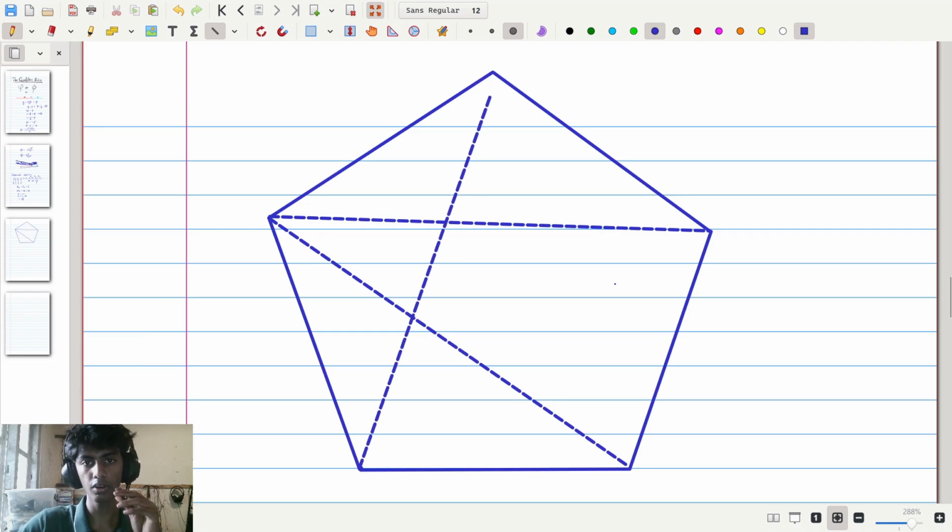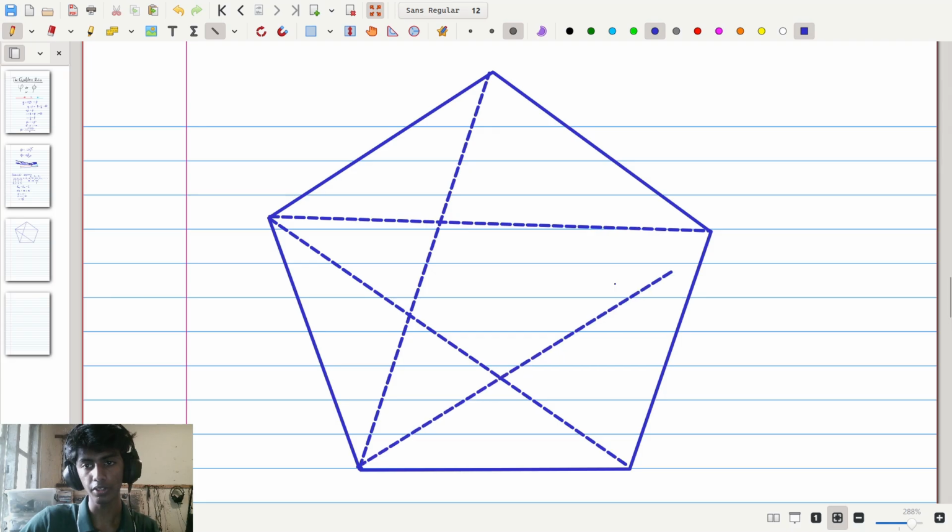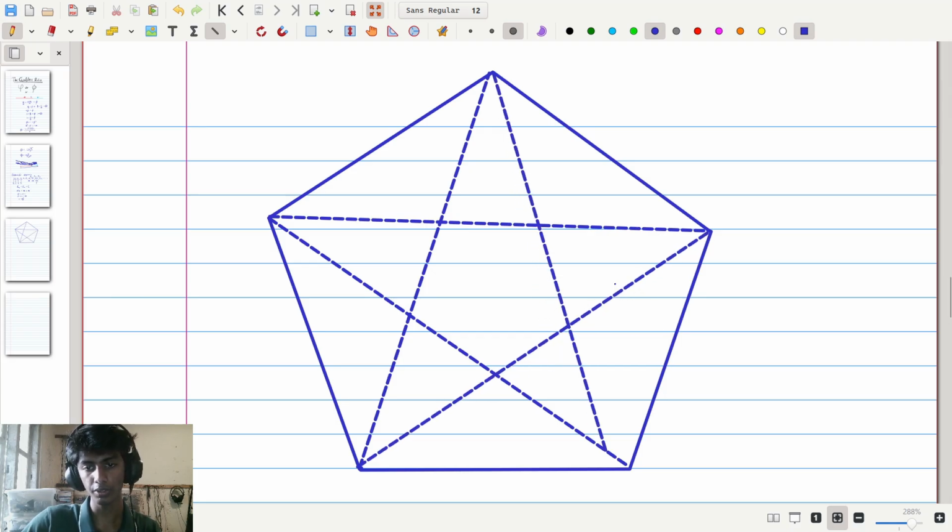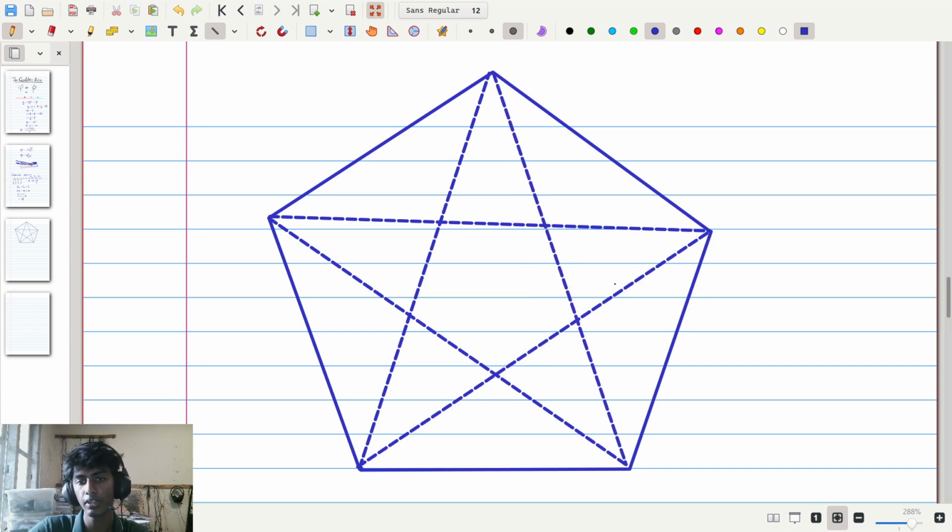I'm going to go to this top point here and this point here, and finally this last diagonal which I'm going to draw is going to be like this. So now we are pretty much done with our construction, and all we have to do now is draw out some angles in order to find the golden ratio within this triangle.